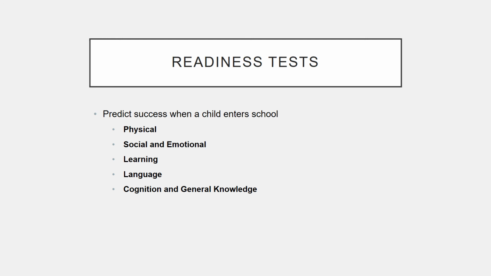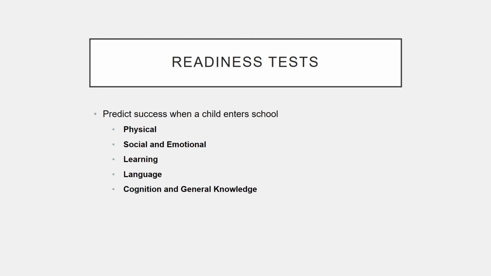There's social emotional, so social skills, psychological well-being, interpersonal interactions with others, self-regulation skills, the capacity for learning, which includes attention, curiosity, excitement about being in school, language, which is verbal communication, typically in English. So this is usually an English language focused test, so bear that in mind when we're thinking about things like cultural considerations. So looking at both verbal and nonverbal communication, and then any kind of early literacy.